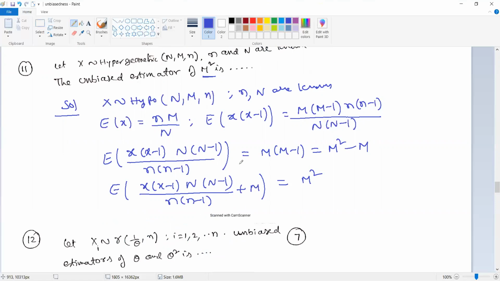From E of X equal to small n into capital M by capital N, we have to find the M value.